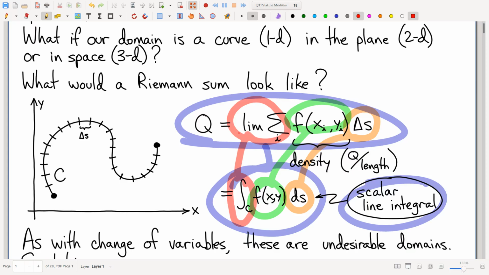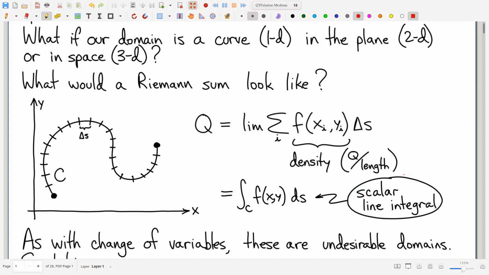So very believable notation. Also notice the domain, whatever your domain is, as a subscript. That is an indication of over what region, in this case a curve in the plane, are we adding up stuff. Is everybody happy with this notation?